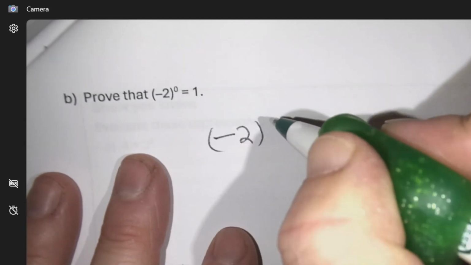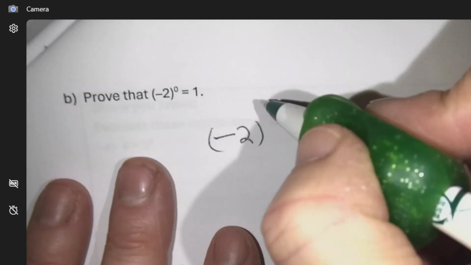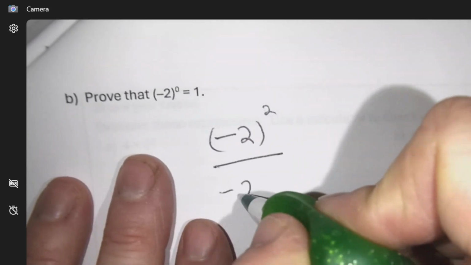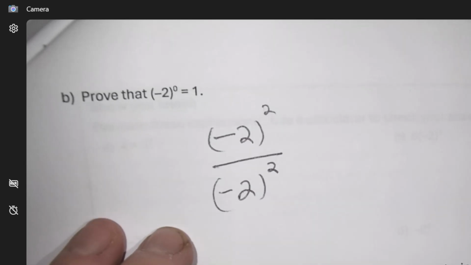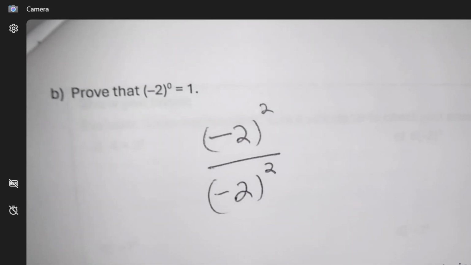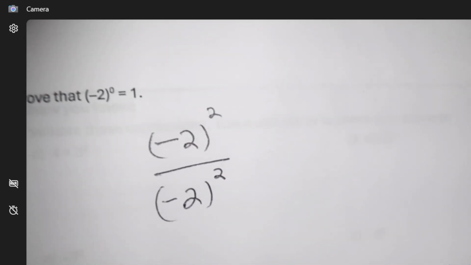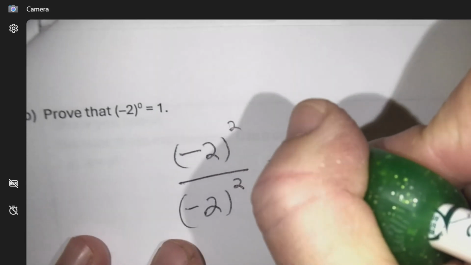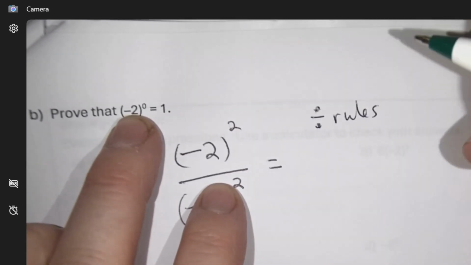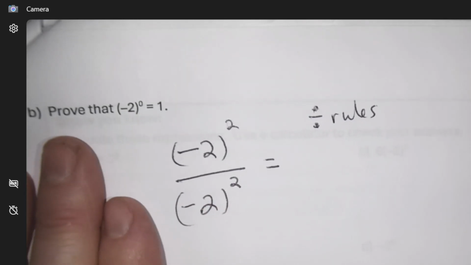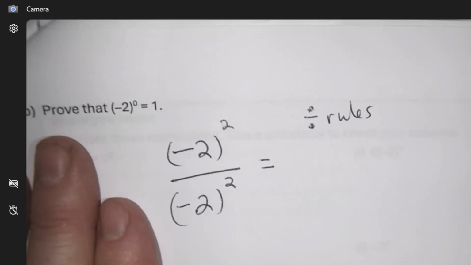Okay, so prove it. So you can use another example like I had. -2, how many times do you want to repeat it? 2, okay. So this is me proving it. If I pick anything, -2 squared divided by -2 squared, equals -2 to the power 0, which equals 1. So what happens with division rules? What do you do with division?